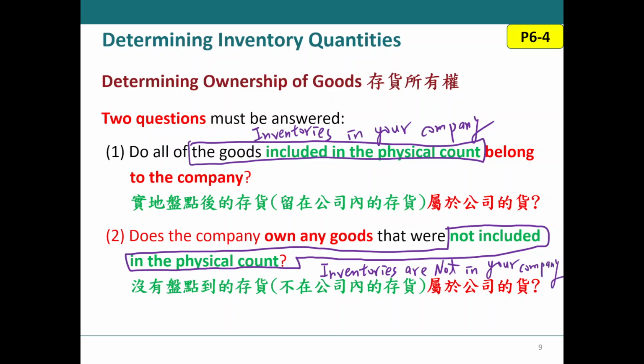Did you find out where it is? It's not important. Whether you own it is what's important. So in your company, maybe it's not yours. Not in your company, maybe it's yours. Any questions? No problem?